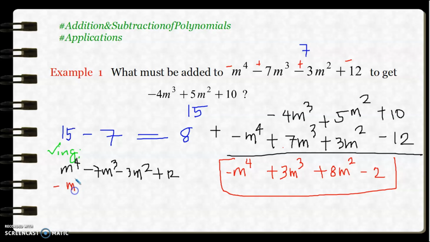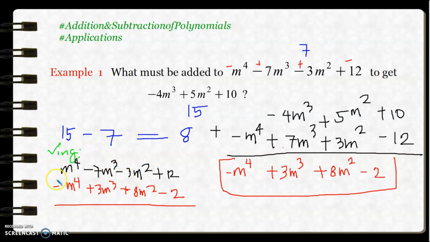Negative m to the fourth plus 3m cubed plus 8m squared minus 2. We should get the given second polynomial, so I'll use green for that.